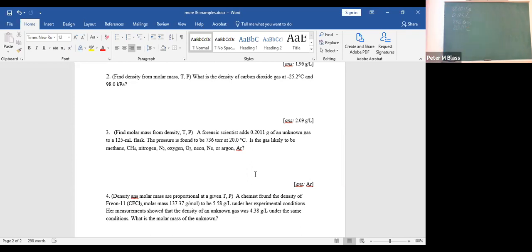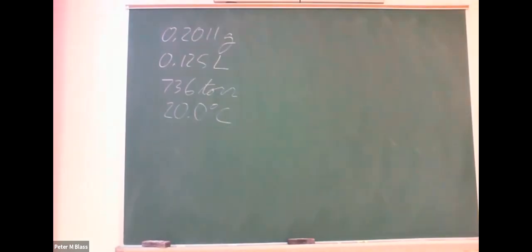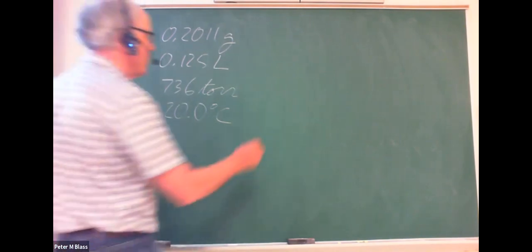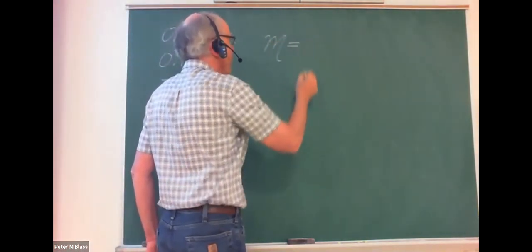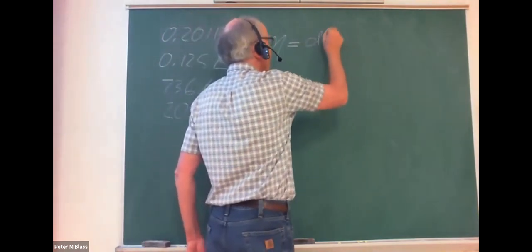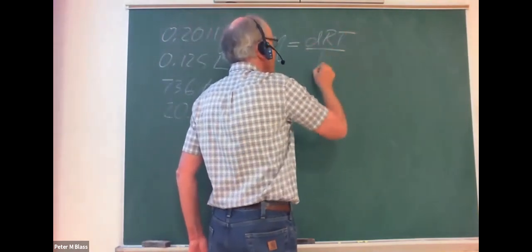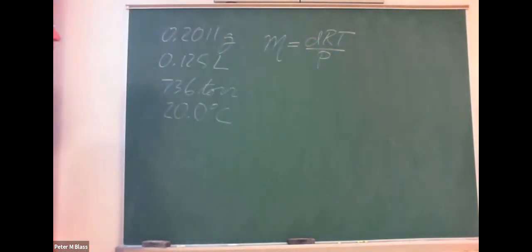Okay, and let me go back to the blackboard. Here we go. This time we're asked for the molar mass, right? We want to find which of those gases it was. So molar mass, how did it go? dRT over P was our equation.